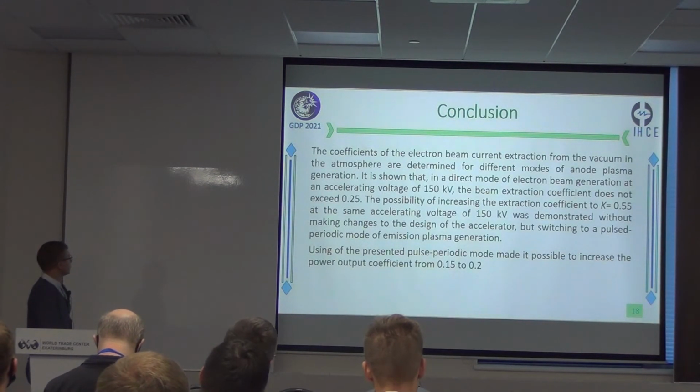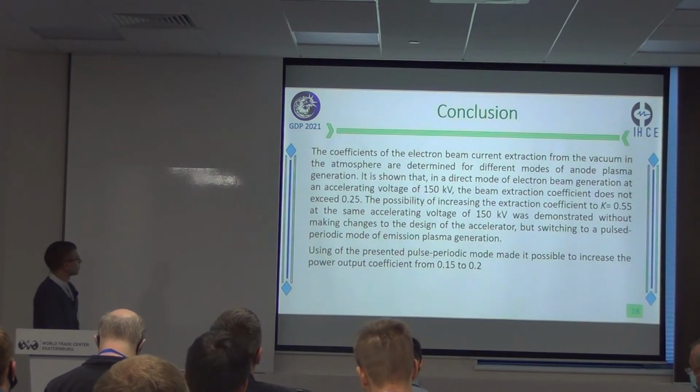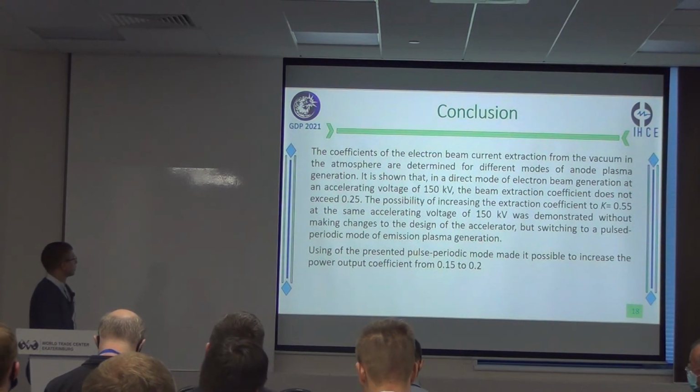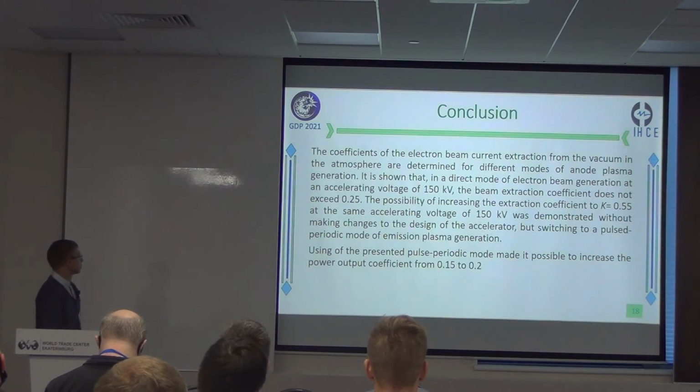So the coefficients of electron beam current extraction from the vacuum into the atmosphere are determined for different modes of plasma generation. It's shown that in an indirect mode of electron beam generation at an accelerating voltage of 150 kilovolts, the beam extraction coefficient does not exceed 0.25.